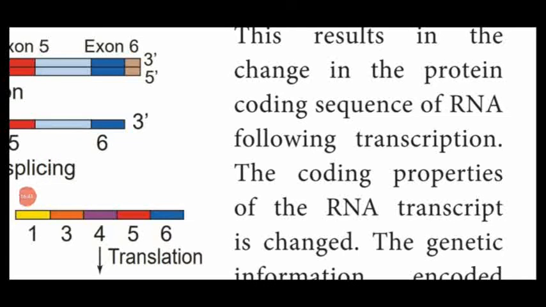Dear students, this RNA editing results in the change of the protein coding sequences of RNA produced by the process known as transcription. Not only that, the coding properties of the RNA transcript are also changed.